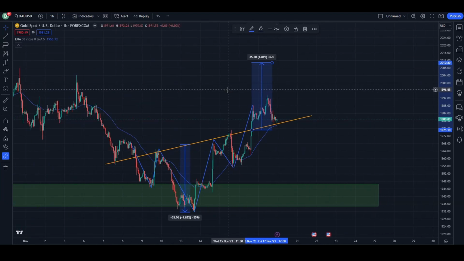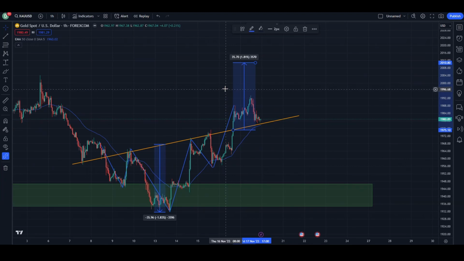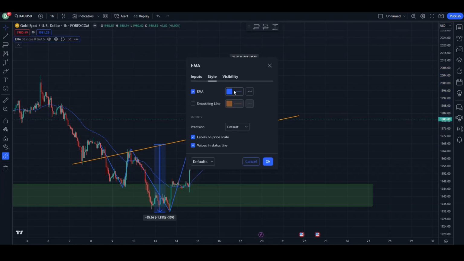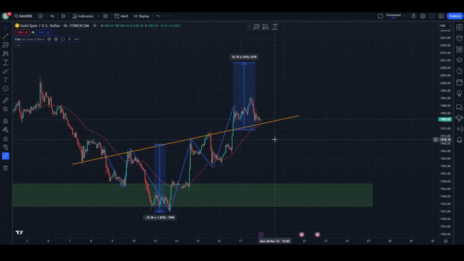Now, in this current analysis, there are a few more confluences. You can notice that over here, the price is getting very close to this blue line that is going across the chart. We're going to change the color of it so that you can see it better. We're going to put it in red. This is a 50-period exponential moving average.